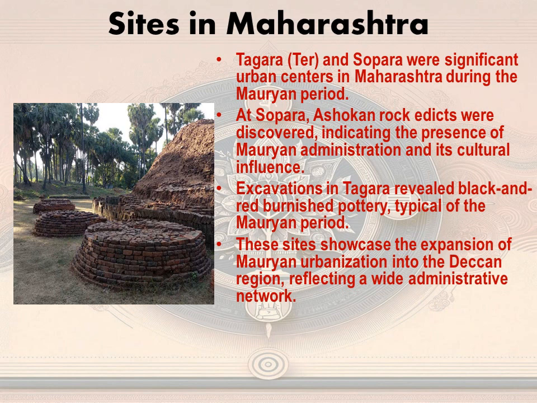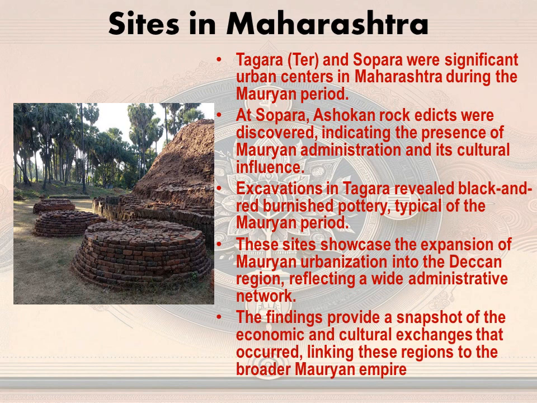So, this is the time from when we find Mauryan administration has been extended right up to the Deccan area, thus showing the administrative power of the Mauryan Empire. The findings provide a snapshot of economic and cultural changes that occurred, linking these regions to the broader Mauryan Empire.